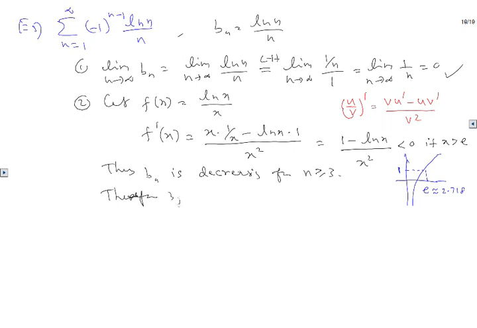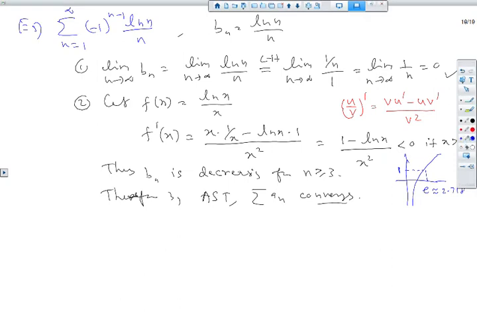Therefore, by the alternating series test, the sum of a_n converges. So it's not that bad, it's a simple argument. So let's do the last one.